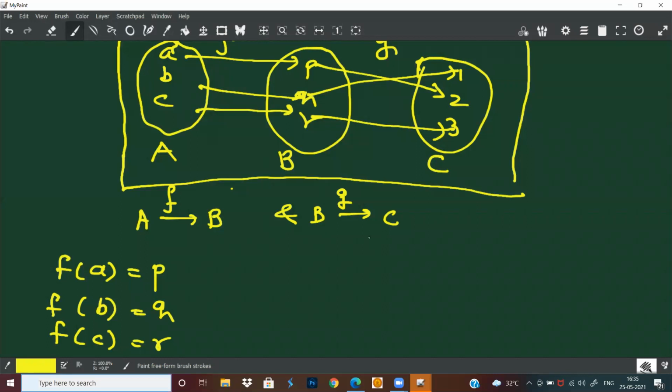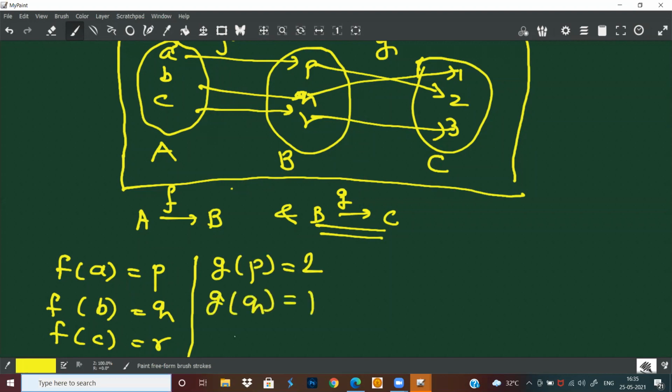Now G is a function from B to C. So now I will be using G of P, meaning P is related to 2. G of Q is 1 and G of R is 3. Did everyone understand this? So for the function G, P, Q, R is the domain and 1, 2, 3 is the range.